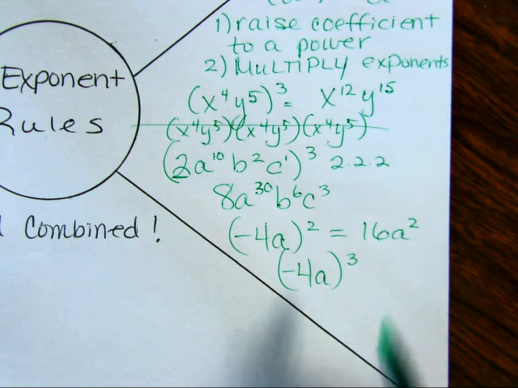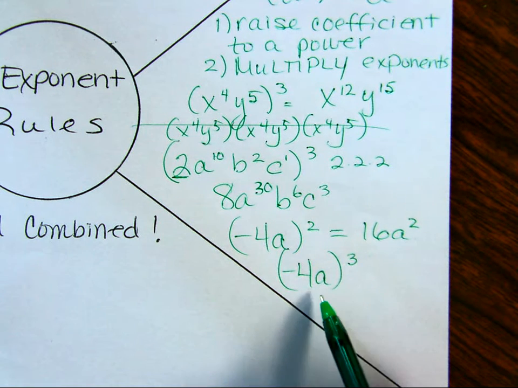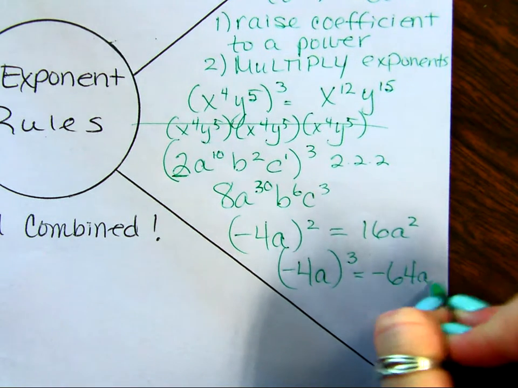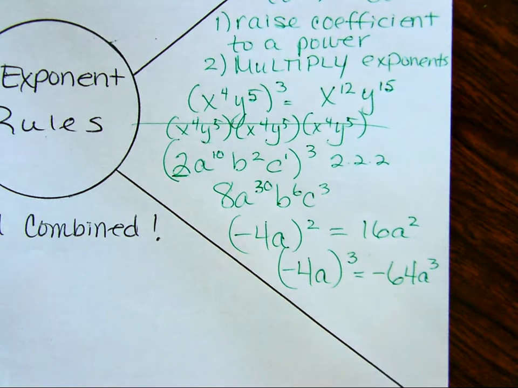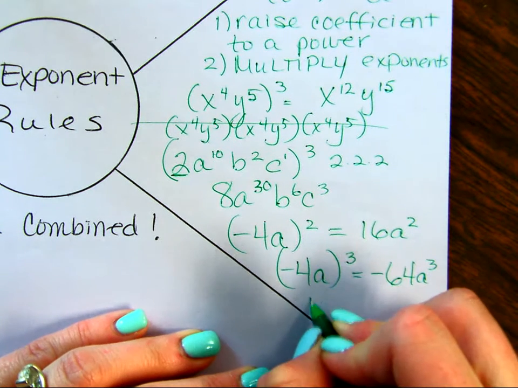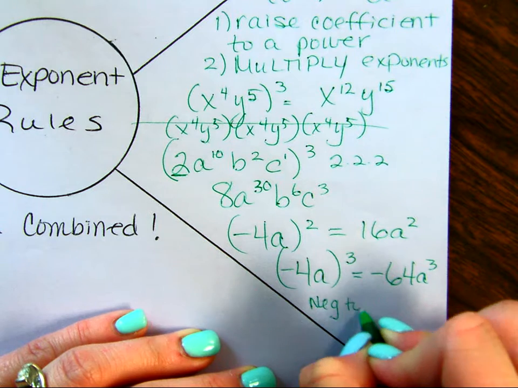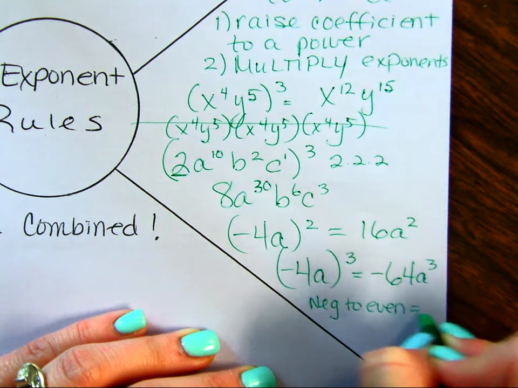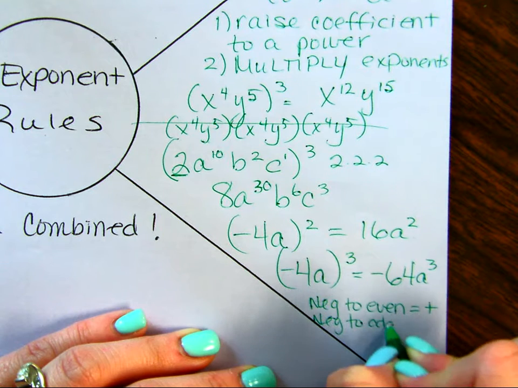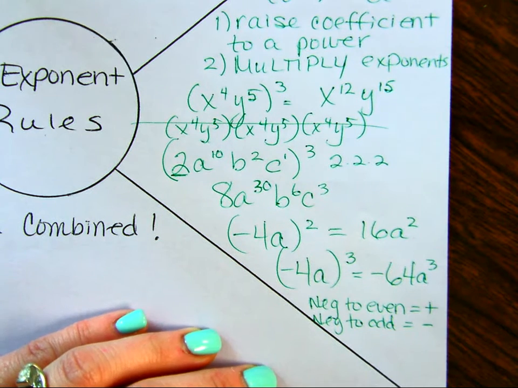But take that positive 16 and multiply it by another negative 4, and you're going to get a negative 64. Okay? This should not be a teaching. That's kind of why I'm flying through this. This is a review, right? This is a reteaching, not a relearning thing. So the last thing I'm going to write here is that a negative to an even power is positive, but a negative to an odd power is negative. And that's all I need you to know for that.